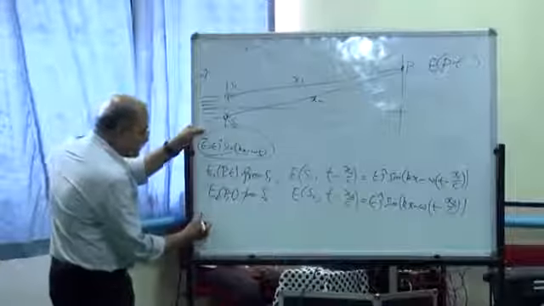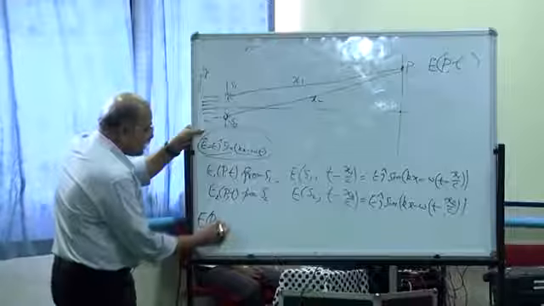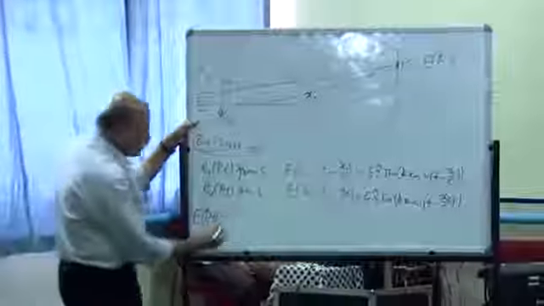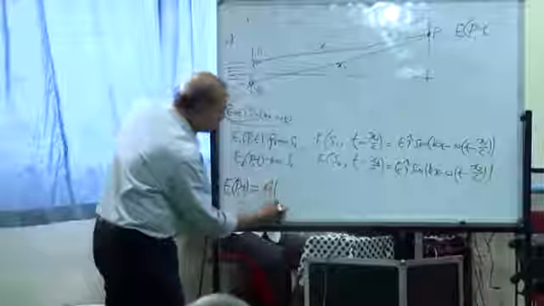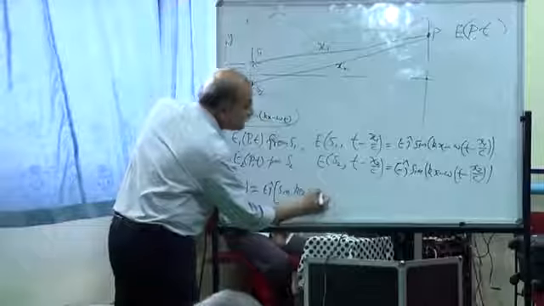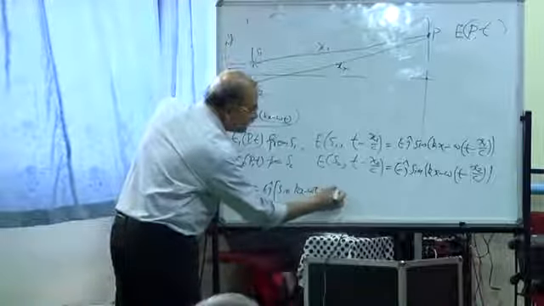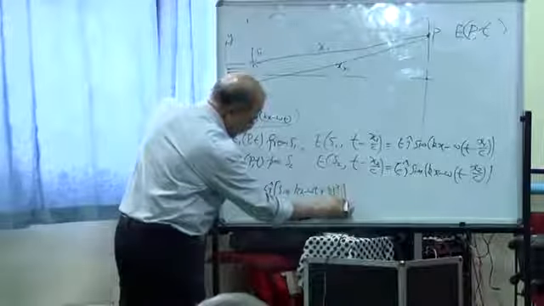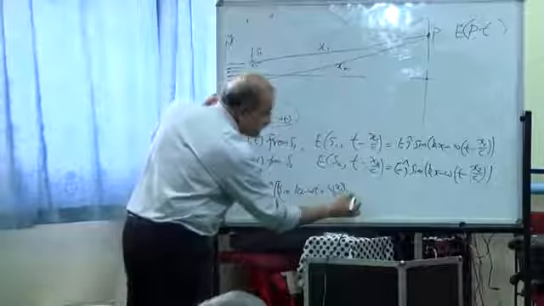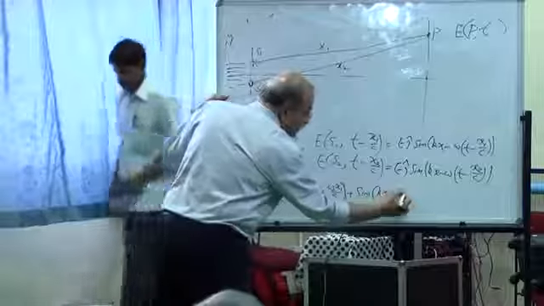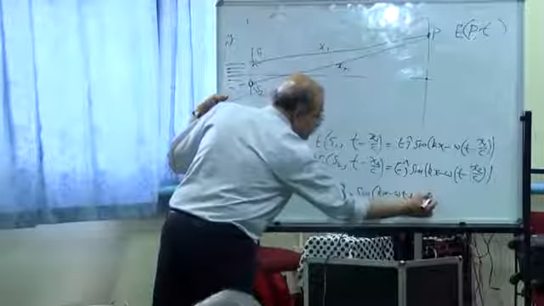So the electric field E at point P at time t, now I am taking the resultant electric field, is equal to E j cap times sine of kx minus omega t plus omega x1 by c, and plus sine of kx minus omega t plus omega x2 by c.